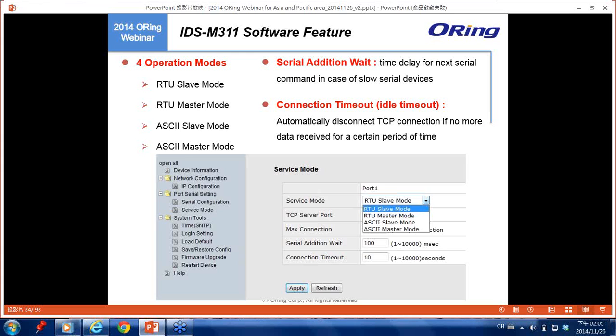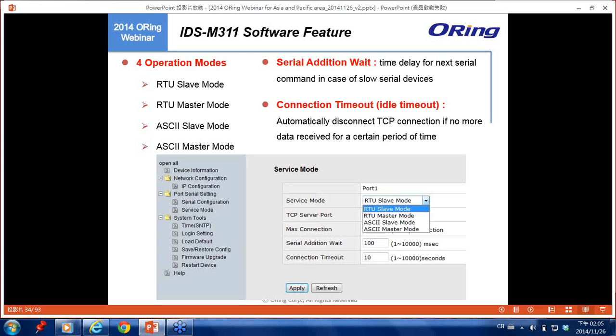In this case, you can set the serial addition wait time: after the gateway sends out the query or receives a feedback, the Modbus gateway will wait for a certain period of time, then send the second query.